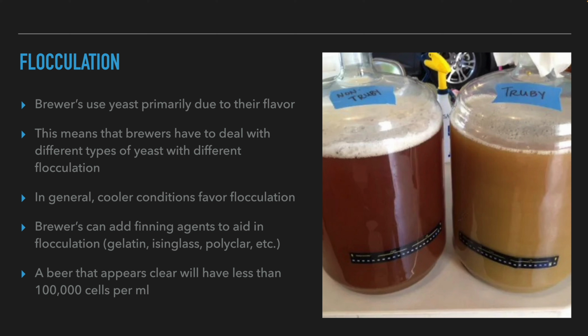Brewers can add fining agents that promote flocculation at this stage. You can add gelatin if you do it at home, or isinglass or polyclar if it's on a commercial scale. A beer that seems clear to the human eye will contain less than 100,000 cells per milliliter. We will talk in detail about the subject of clarification in the next presentation.